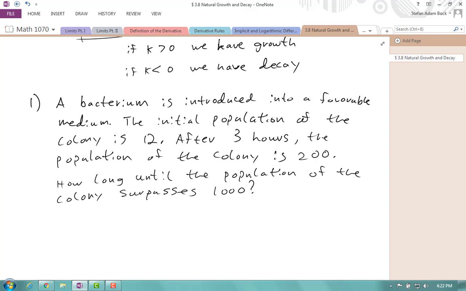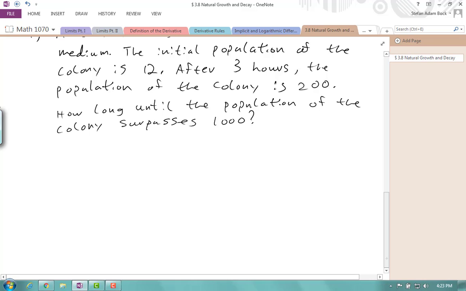The initial population of the colony is 12 whole bacteria, and after 3 hours the population of the colony has risen to 200. And I want to know, how long is it going to take until the population reaches over 1,000?